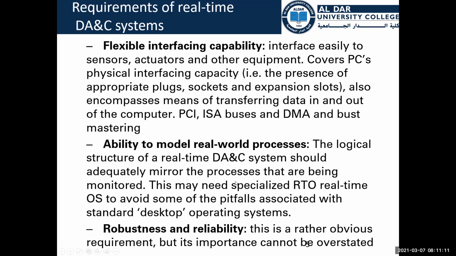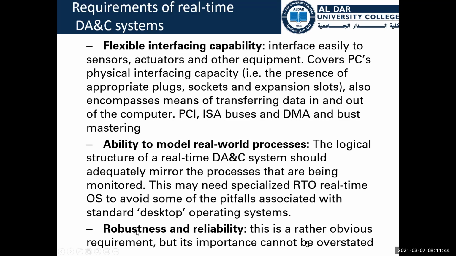So if we speak about process, we speak about operating system, and we need an operating system that is fast and can deal with the input-output interface without any problem. The last requirement is robustness and reliability. These requirements are common and you can find them in many systems.